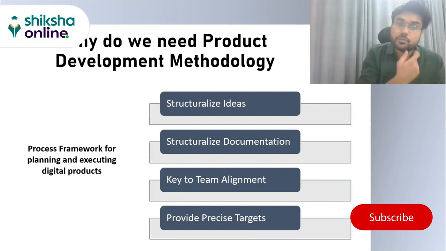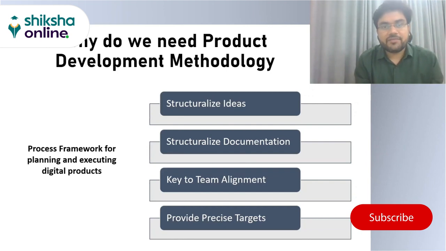One of the other more prominent benefits of having a product methodology is that it aligns the team in a particular direction. If we define the product method in the very beginning, the team is aligned in that manner.